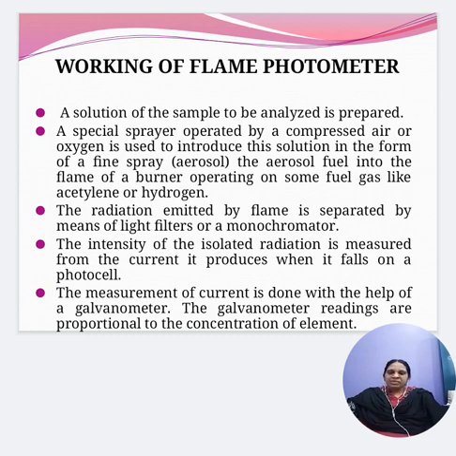By measuring the current with the help of a galvanometer, from the amount of current flowing through the external circuit, you can understand the concentration of the element in the sample.